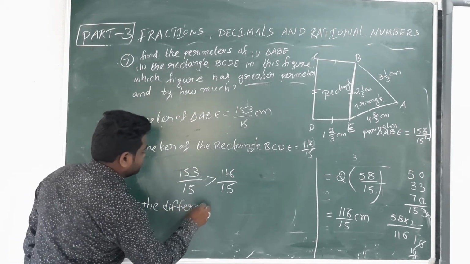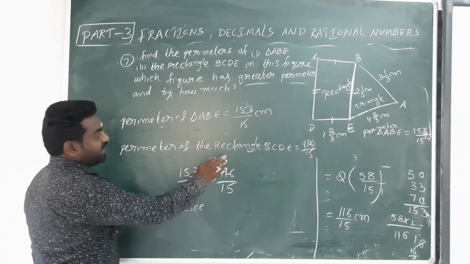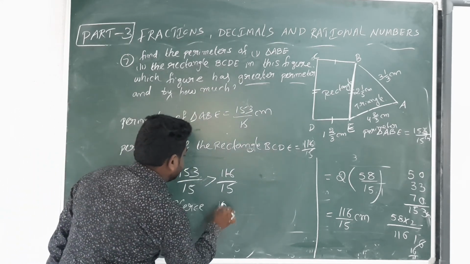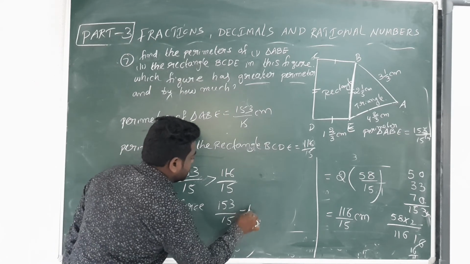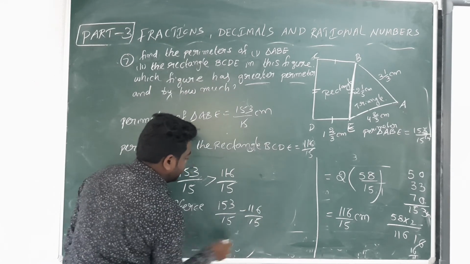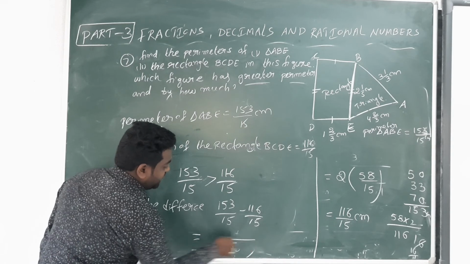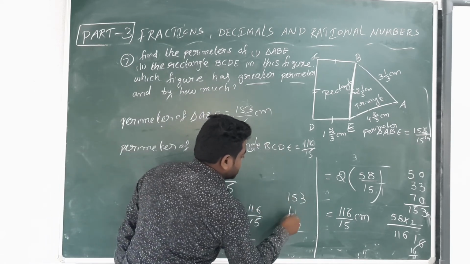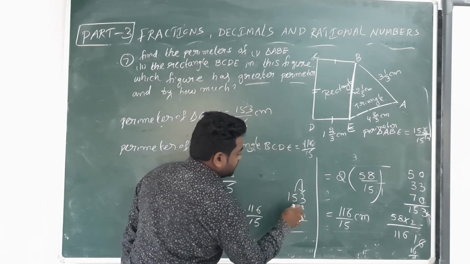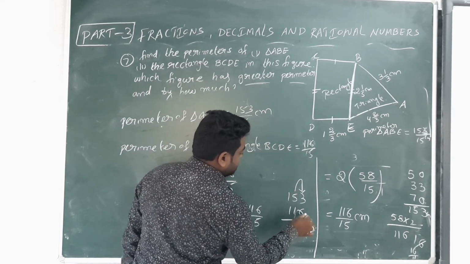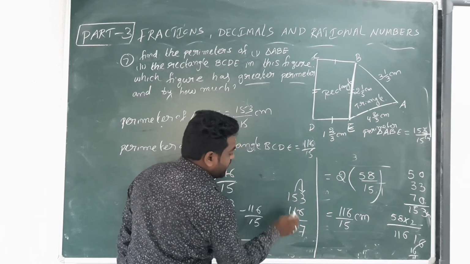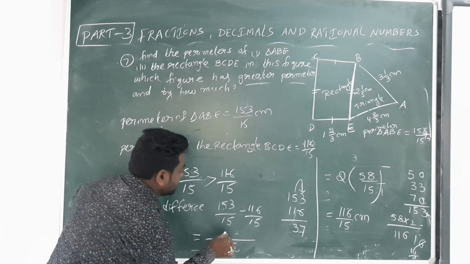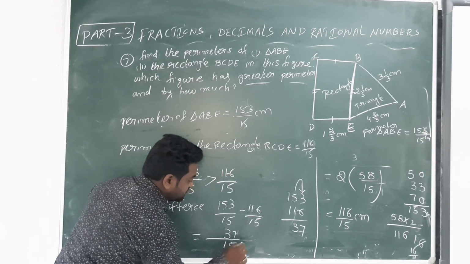The difference of the perimeter of the rectangle and the perimeter of ABE: 153/15 minus 116/15. The LCM is 15, so we subtract 153 and 116. Borrow: 13 minus 6 is 7, 4 minus 1 is 3. So 37/15 centimeters.